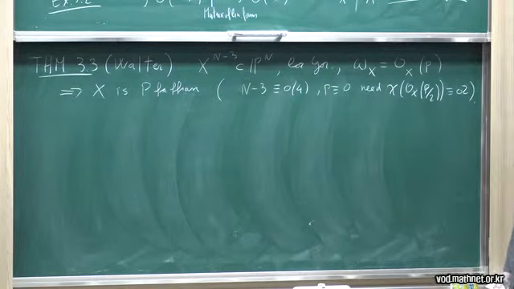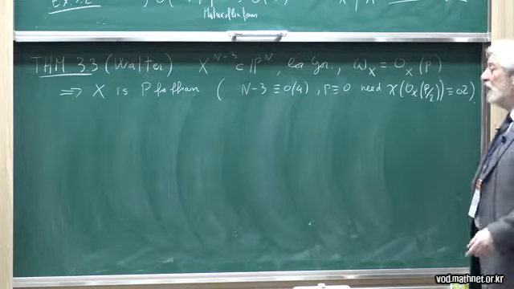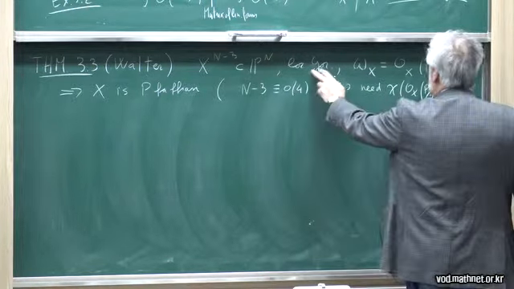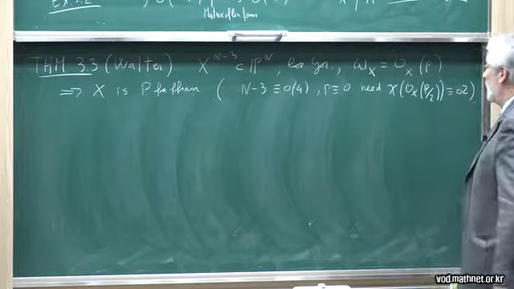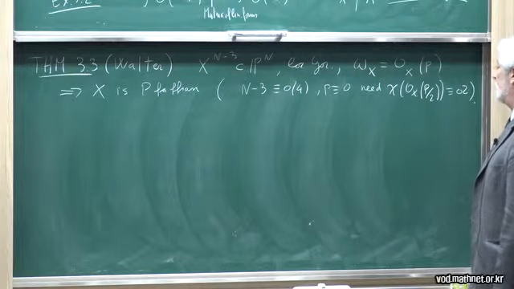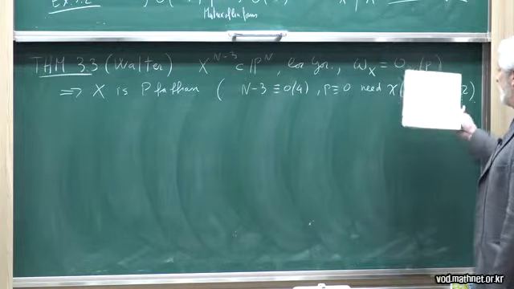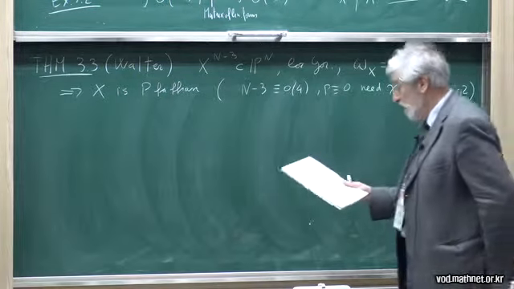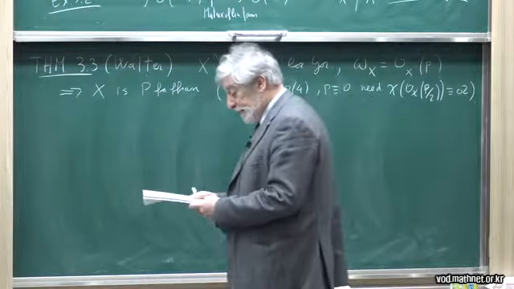So for a surface in P5, it is always bundle Pfaffian as long as it is locally Gorenstein and subcanonical.